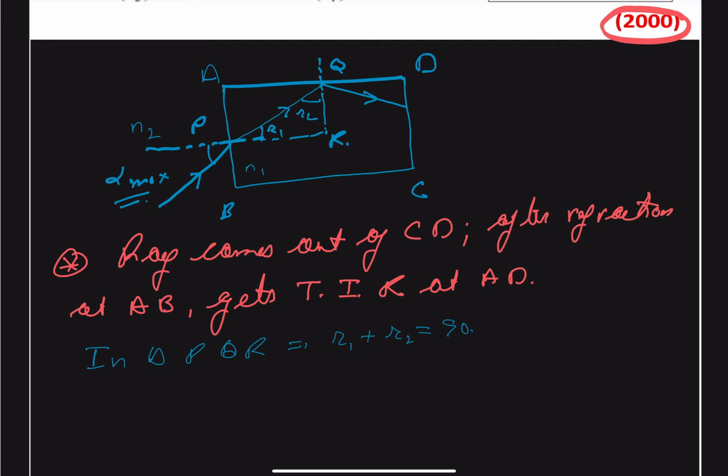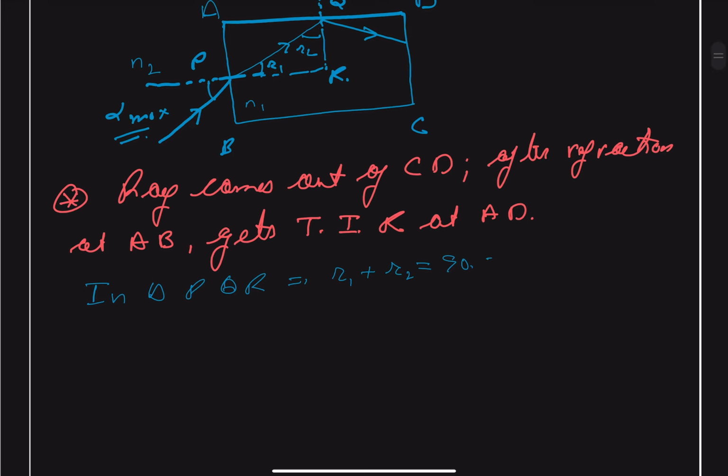From here we can write that R1 is equal to 90 minus R2, and we want R1 to be maximum. If R1 is maximum, then obviously R2 has to be minimum.